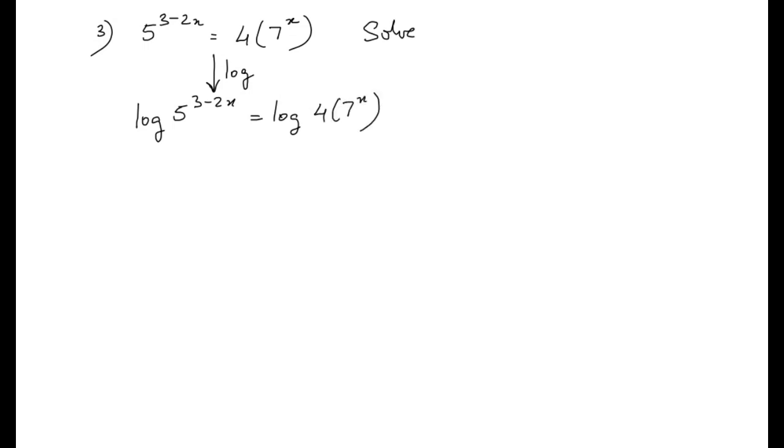Now I can use ln, which is the natural log, or I can use log, and this one's base is presumed to be 10. Either way it will work. So I'm just going to go ahead and simplify this. So if you have log of 5 with a power 3 minus 2x, that power can be brought out to be a multiplier. So 3 minus 2x, this is one of the rules of logs.